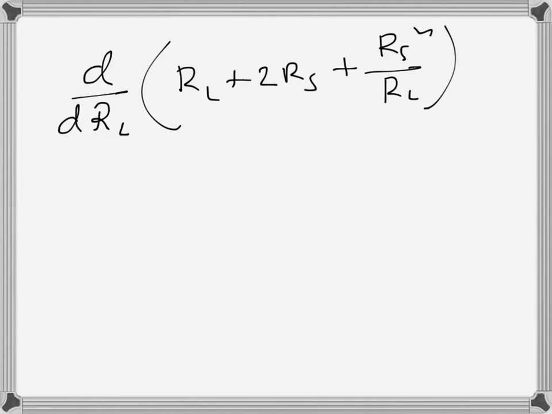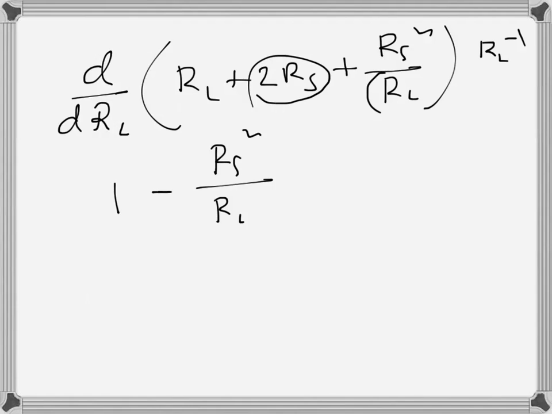When we differentiate, the first term becomes 1, the second term goes away, it's 0, and the third part is RS squared over RL, which is RL to the power -1, so when differentiated it becomes negative, with RL squared. So we equate it to 0 to find the value.